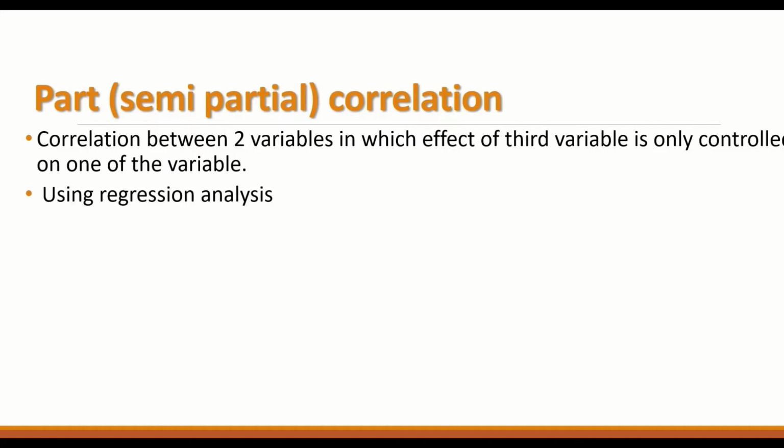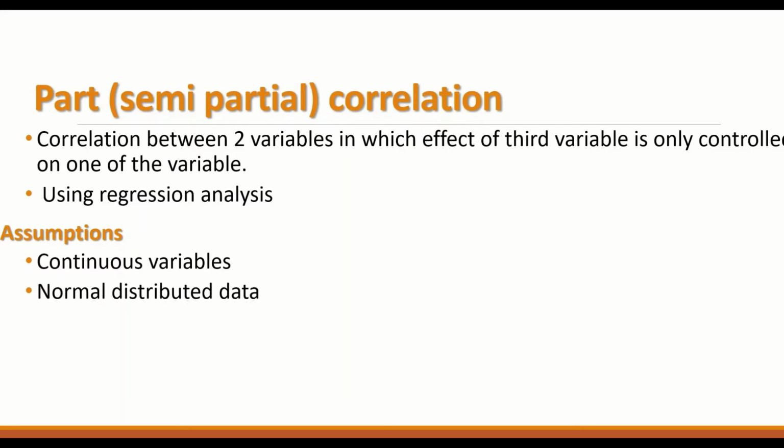So the test uses regression analysis to calculate the coefficient. And for data to be analyzed to find the correlation, it has to fulfill certain assumptions and criteria. You need to make sure that your variables are continuous variables. The three variables are continuous, which means interval or ratio. Those variables are normally distributed.